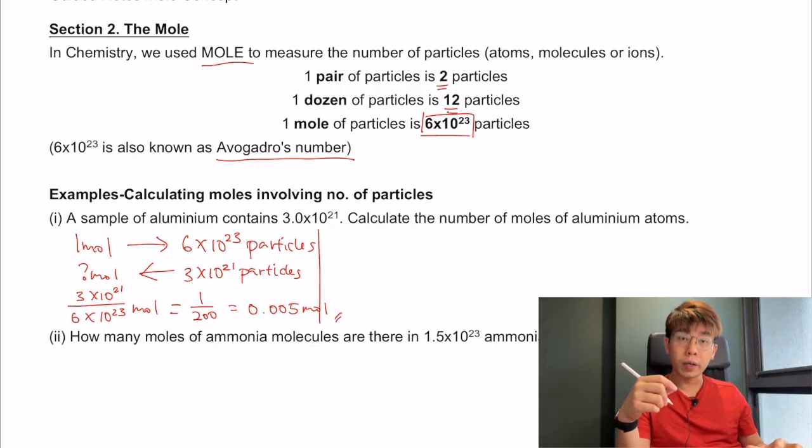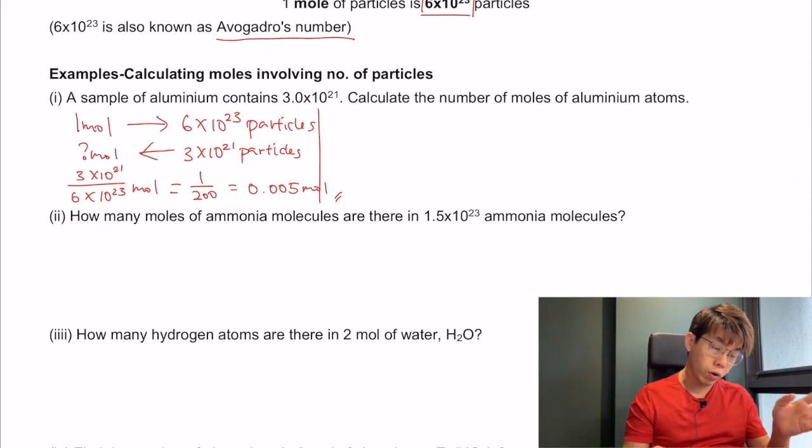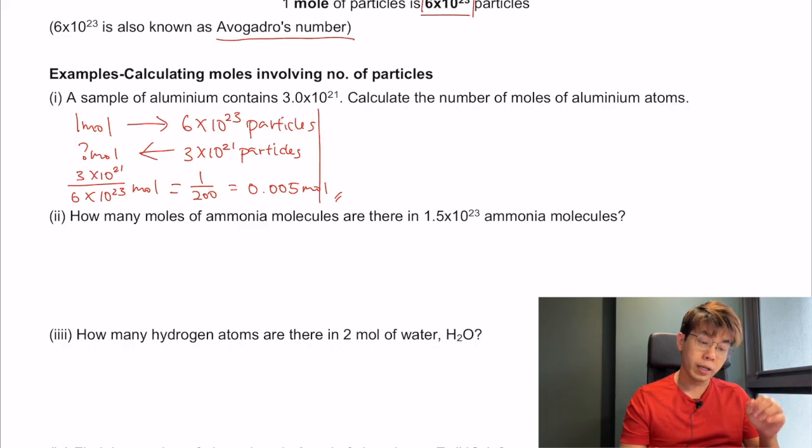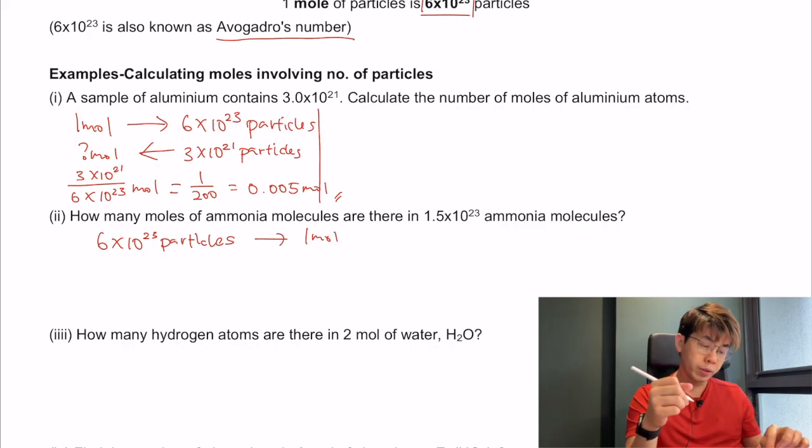Let's go through a few more examples. The next one asks how many moles of ammonia molecules are there in 1.5 times 10 to the power of 23 ammonia molecules. I know that 6 times 10 to the power of 23 particles is equivalent to 1 mole. How do I remember this big number?